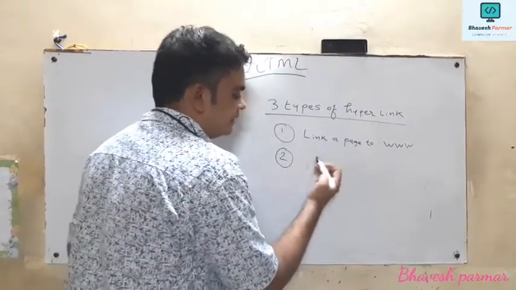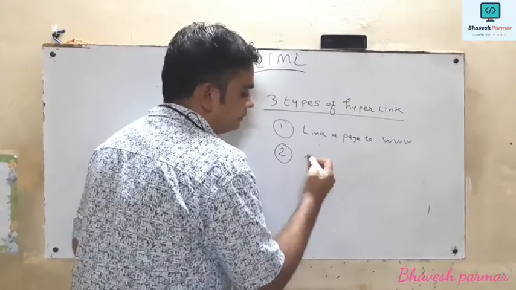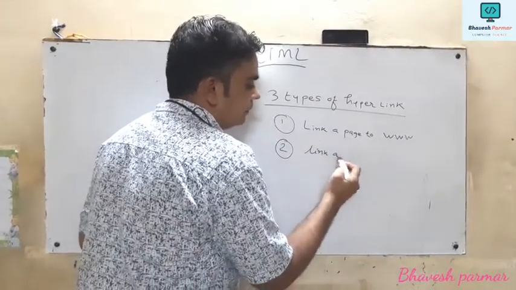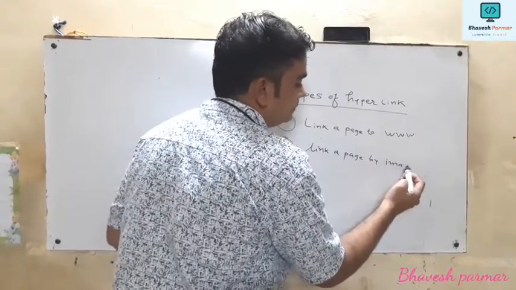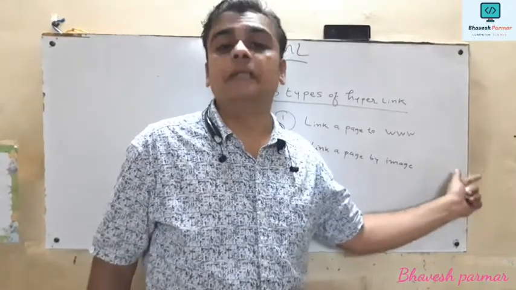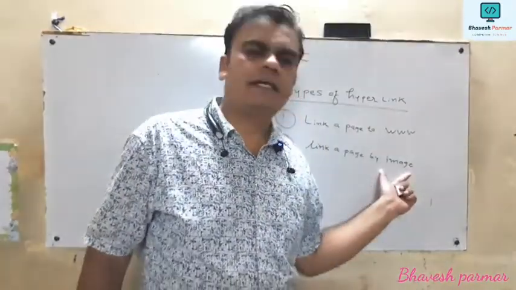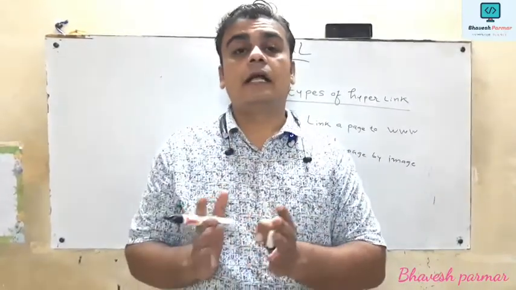Then the second type of hyperlink attribute is link a page by image, or you may also call it image by image link. In this case, we are using one image as a hyperlink.